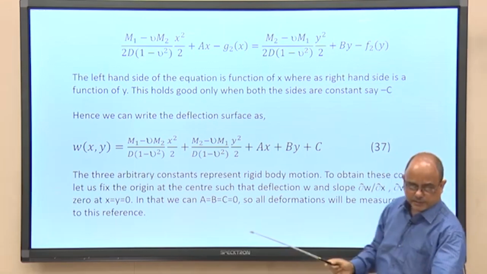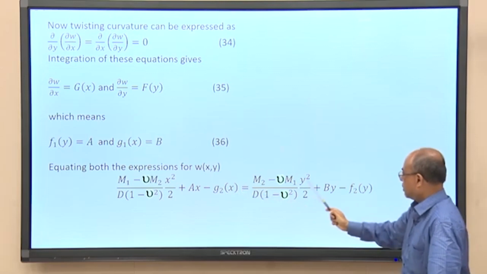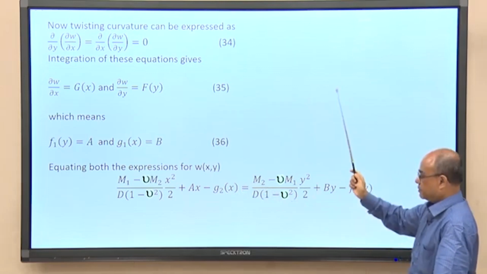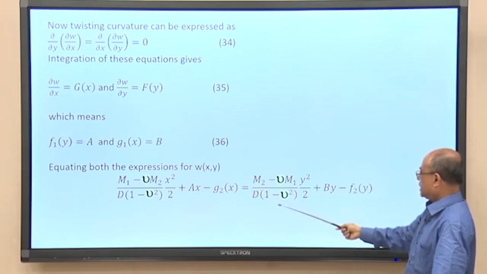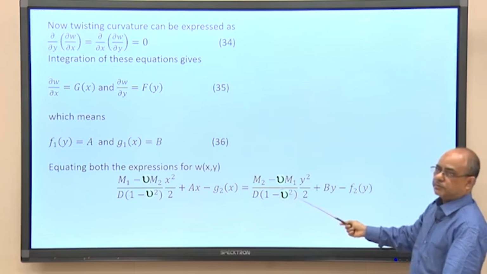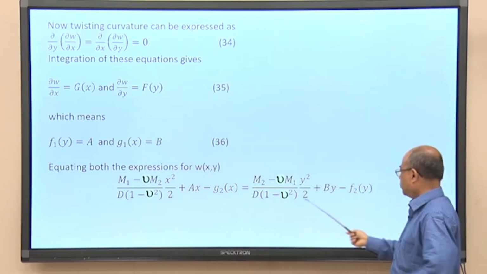So, that means in the first equation, see this is the first equation of deflection obtained from integration of curvature in x direction, and this is the second equation of deflection obtained from curvature in y direction. So, both are constant.